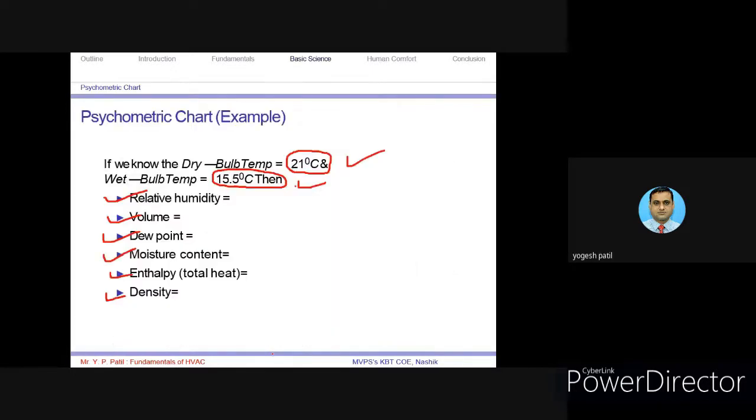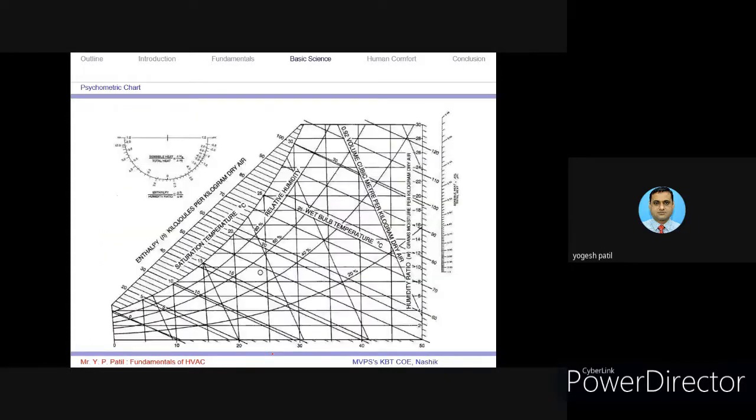What is the value given? 21 degrees Celsius, so we have to find that line. Here you can see this is 20 degrees Celsius and this is 30 degrees Celsius, with 10 divisions in between.